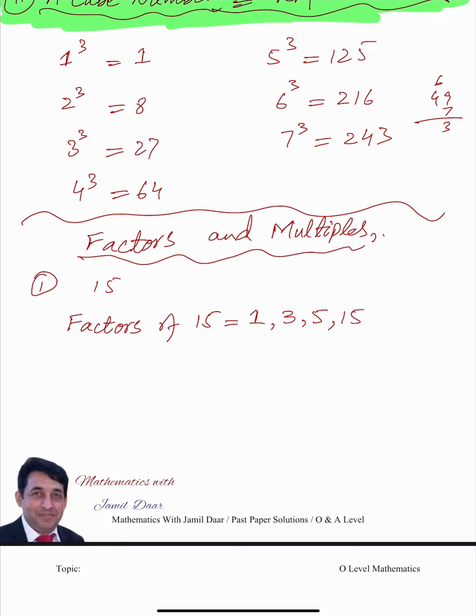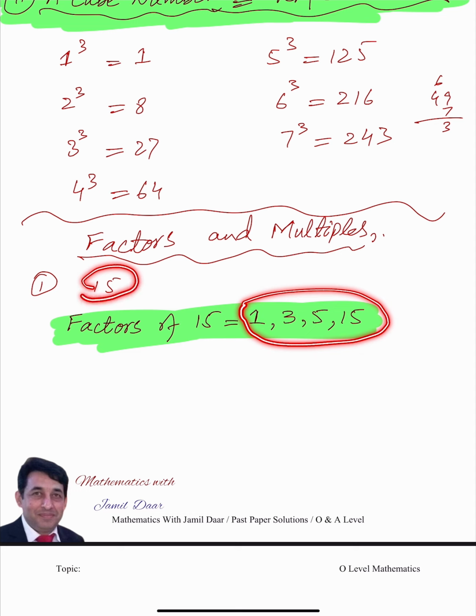So all these are called the factors of 15, and 15 is called their multiple. 1, 3, 5 and 15 are called the factors of 15, and 15 is called the multiple of all these.